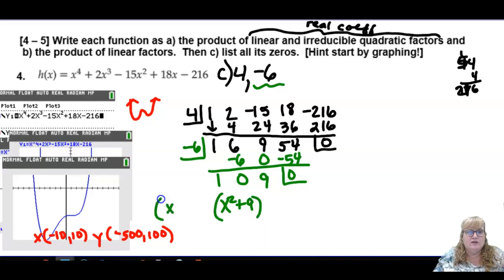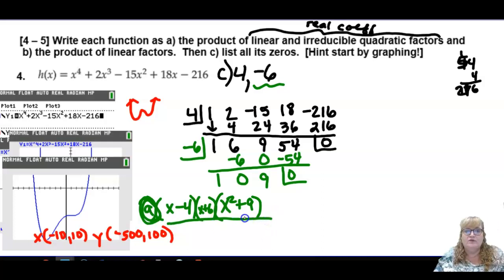We have all of the nicely factored answers. The 4 was a 0, so x minus 4. -6, so that would be an x plus 6. So this is actually the answer to A because it doesn't factor any further. Okay? So x minus 4 times x plus 6 times x squared plus 9.